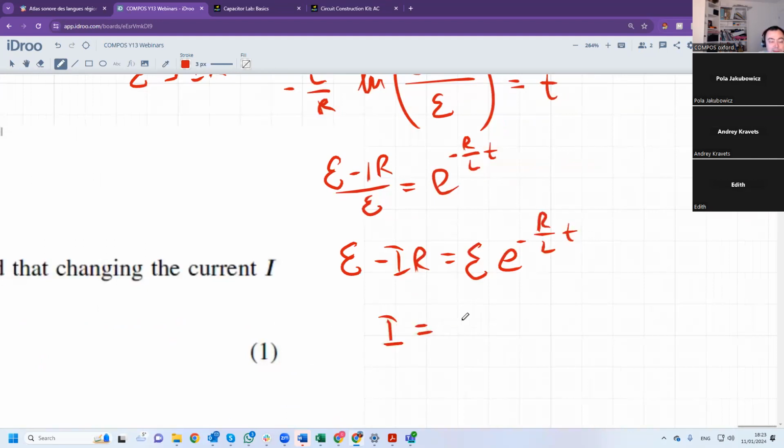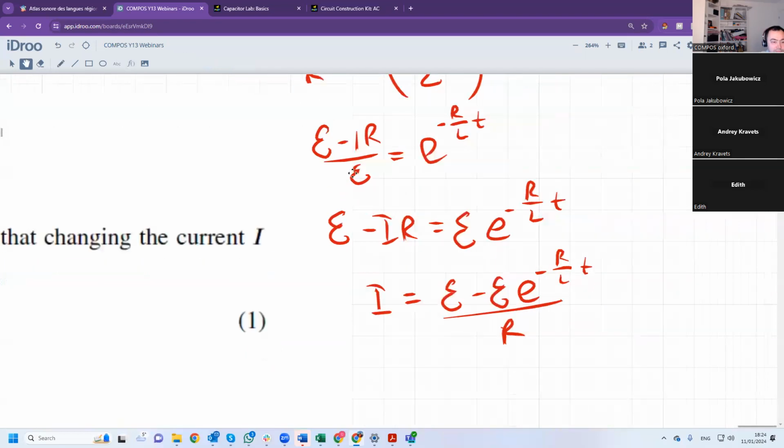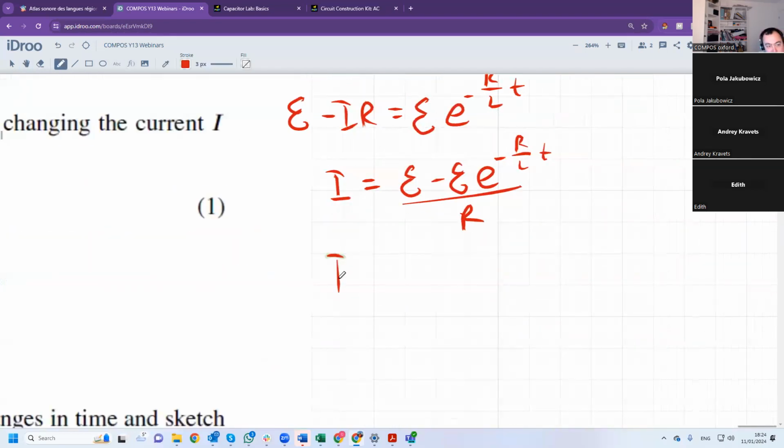And I is equal to (EMF minus EMF e to the minus R over L t) divided by R. Or in other words, current as a function of time is EMF over R minus EMF over R e to the minus R over L t.